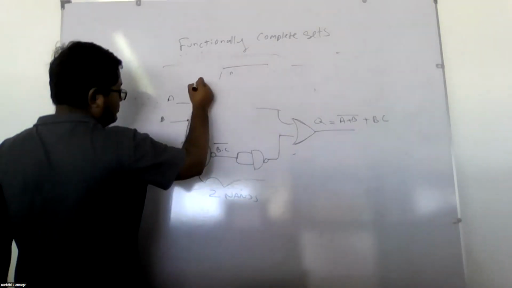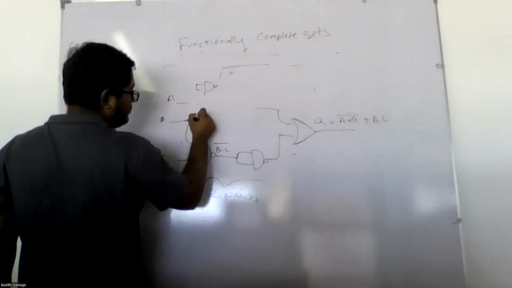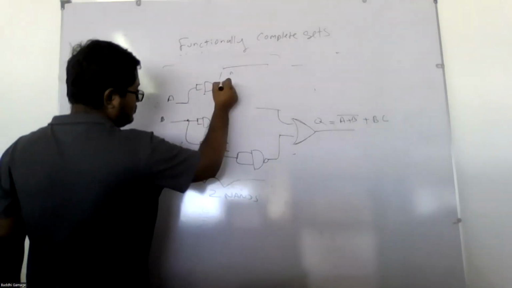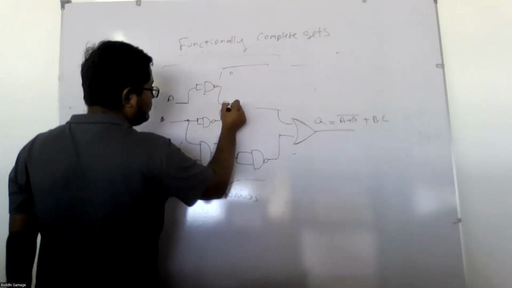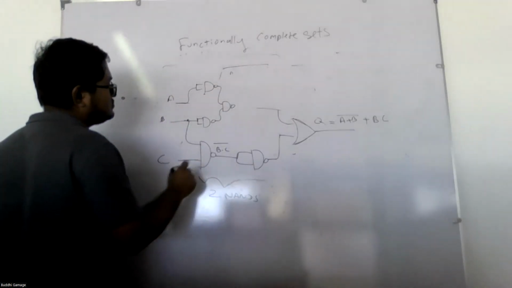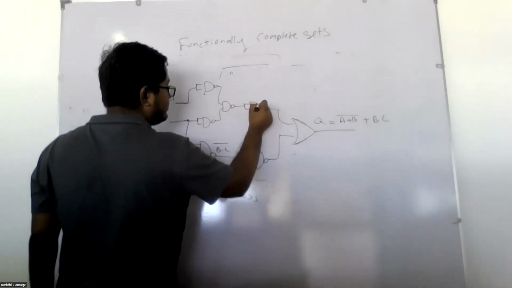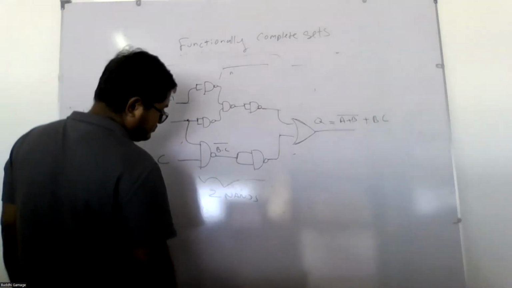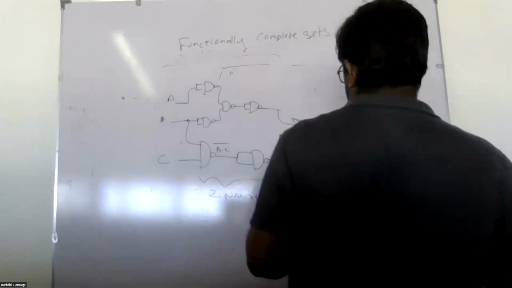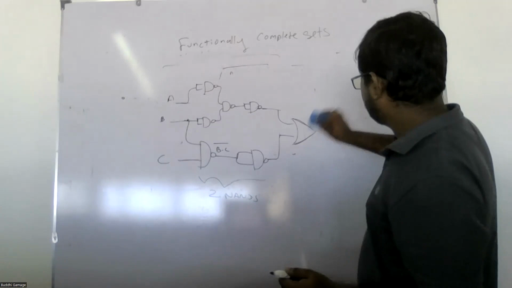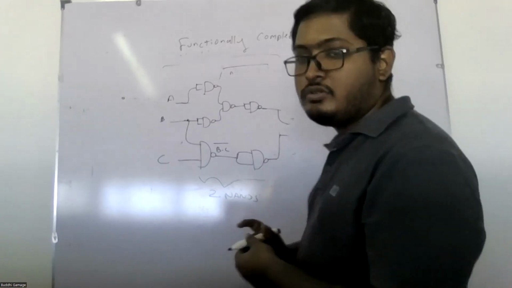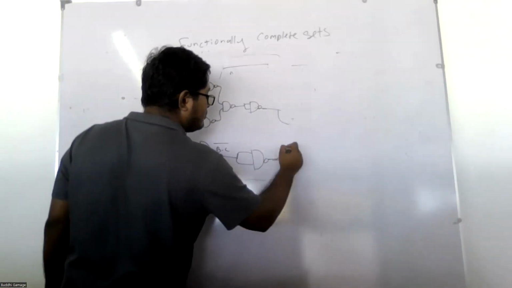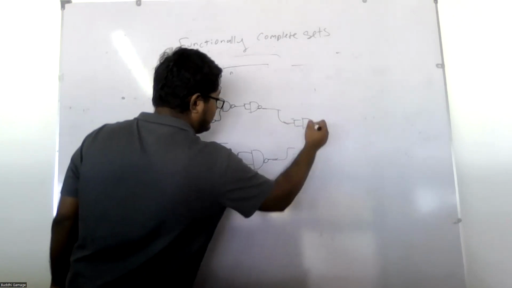So first, this is the not gate. And for this OR gate, we need to have three NANDs.